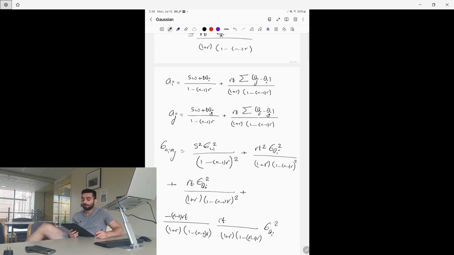Am I right? So omega is just the first term, so perfect. Theta I, not with omega, not with theta j, with the other theta I here, which is perfect.